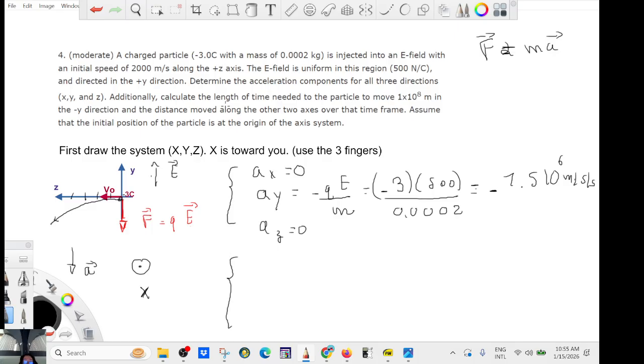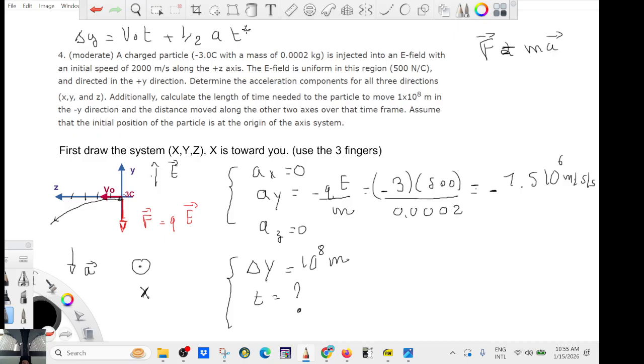Okay, what do they say? So if they want to find the time and they give you delta y. So delta y is given. Find the time. So along the y, there is an acceleration. So look back at your kinematic equation. Kinematic equations say that the y displacement equals initial velocity times time plus 1/2 acceleration t squared, right?